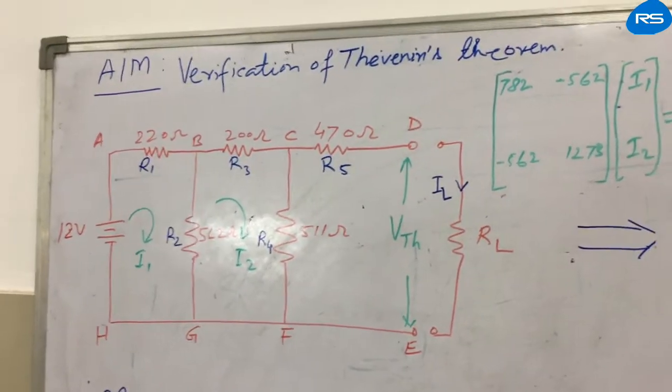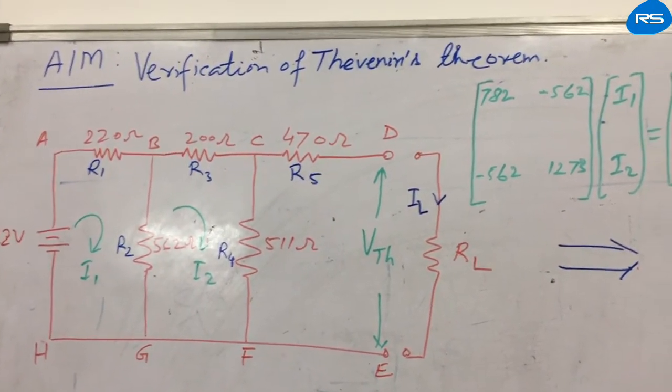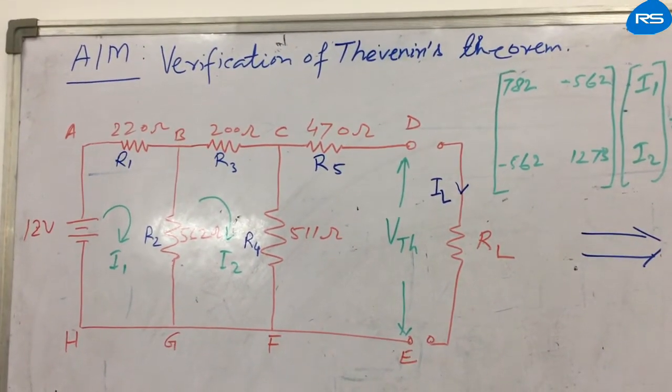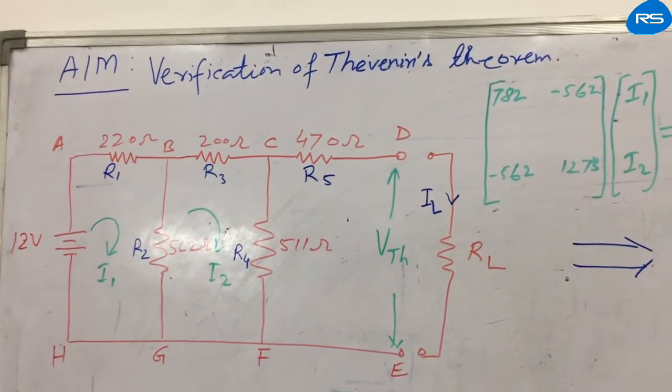So by application of mesh analysis, we can calculate I1 and I2 by writing the respective Kirchhoff voltage law equations for the respective loops.